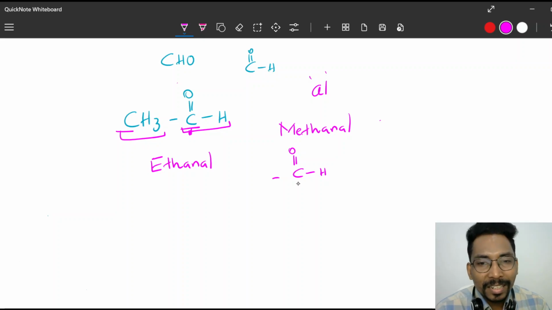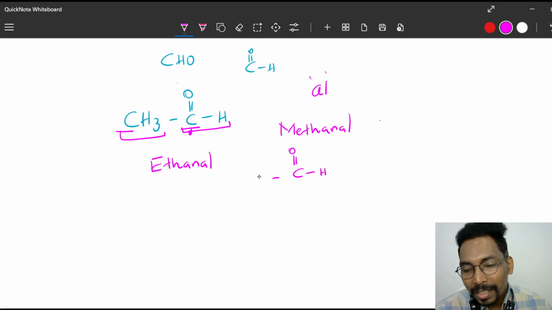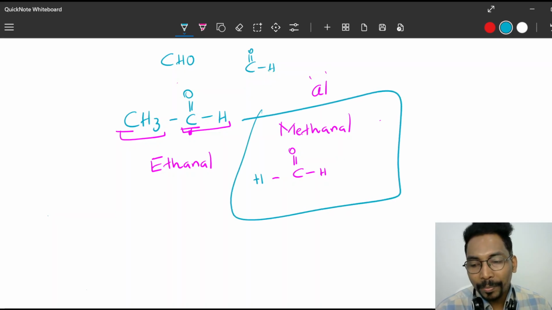So that indicates it's meth. Then you are not supposed to add any extra carbon. So what you have to do here is just add 1 hydrogen. This is the structure of methanal.